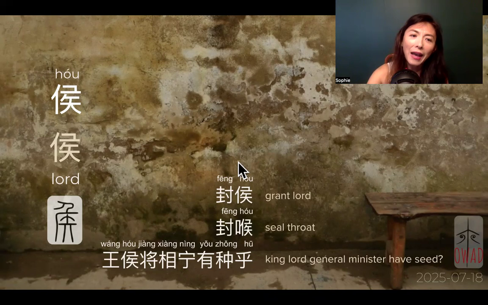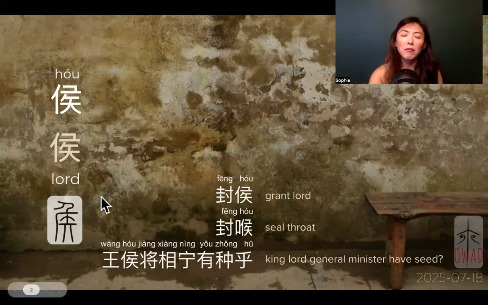Okay, let's look at how this character was made. In contemporary Chinese, it's like a person, an arrowhead, and something here. It's hard to tell, but in traditional Chinese, it's an action picture unfolded.